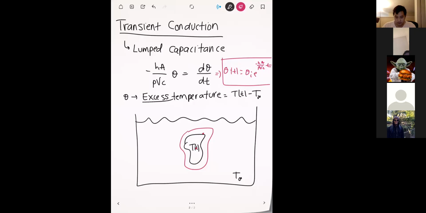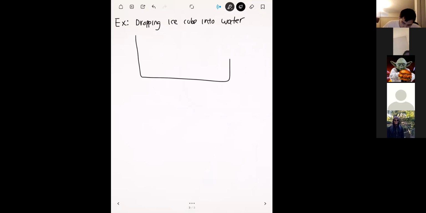Okay. And so I think specifically where we left off is we were looking at a specific example of dropping an ice cube into a tub of water. In this case, the ice cube starts at a lower temperature than the surrounding water.